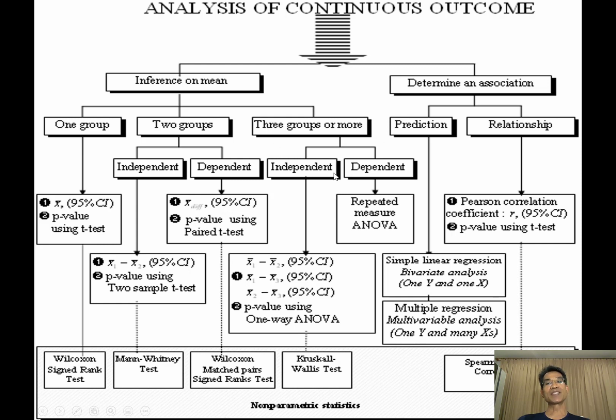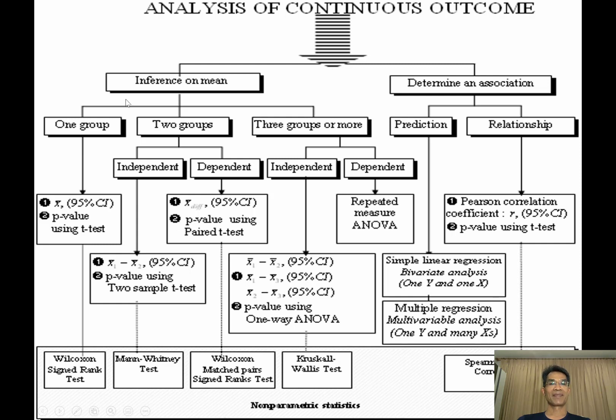For three groups, also independent or not, and this goes to different methods of analysis. But for determining association, it could be for predictions or to demonstrate the relationship between factors and outcome, and it goes into different ways, something like that.